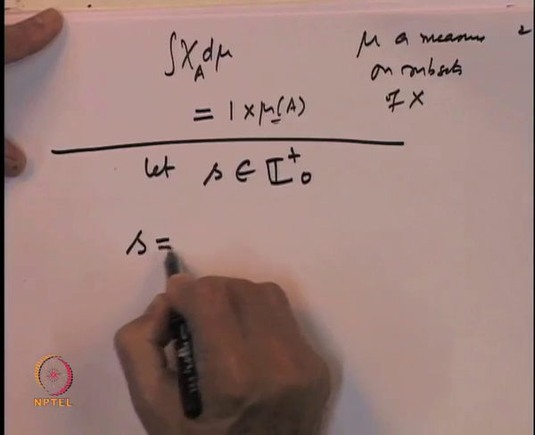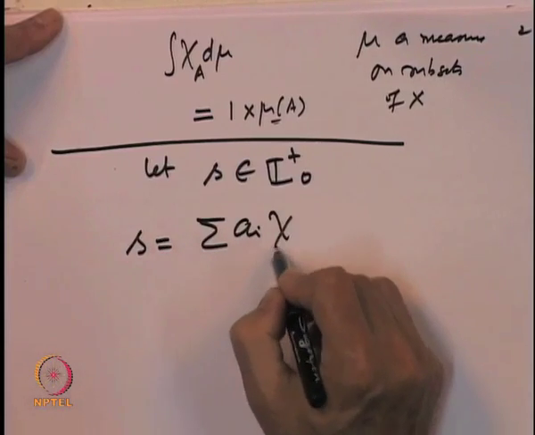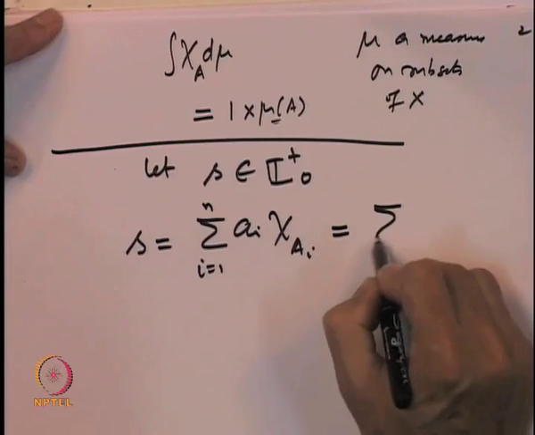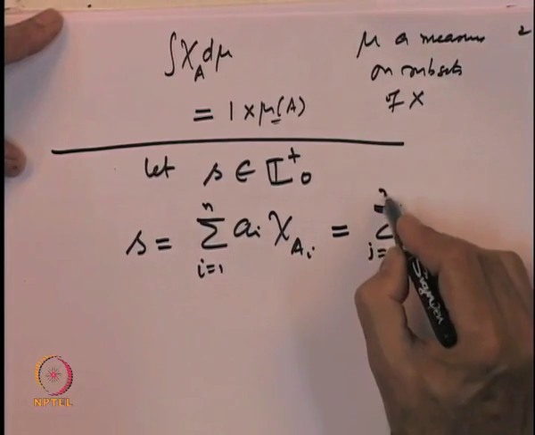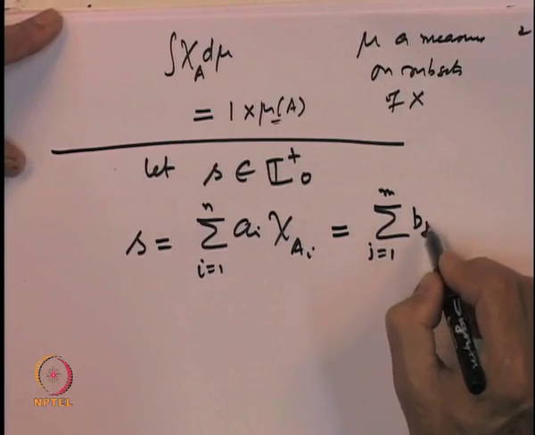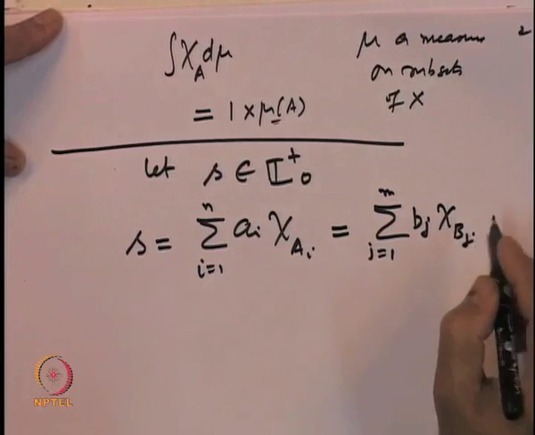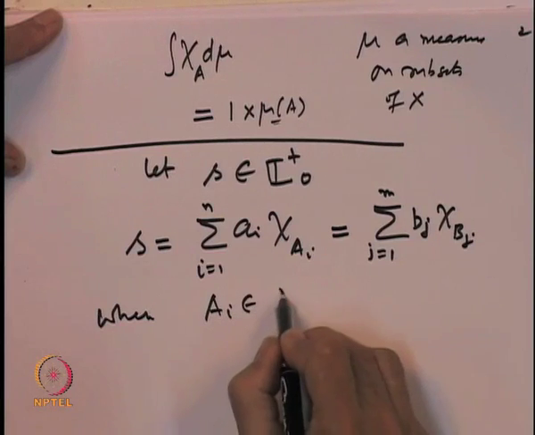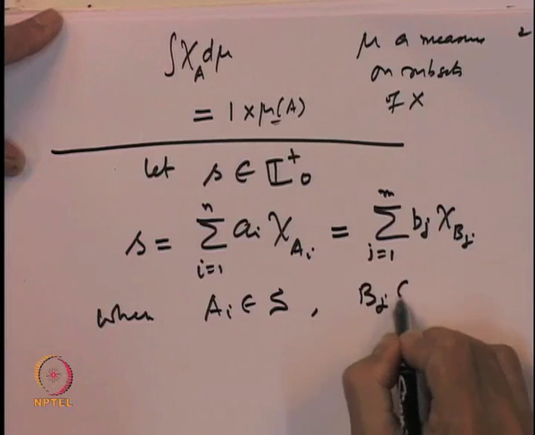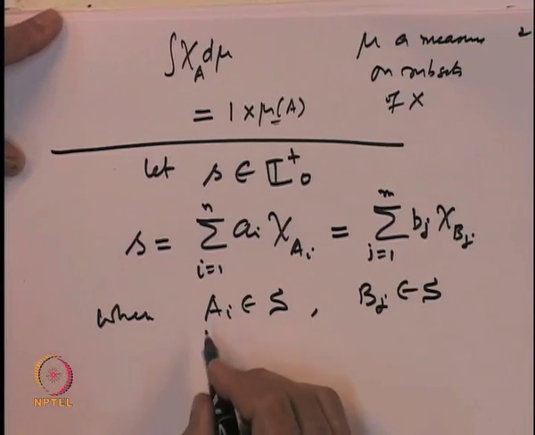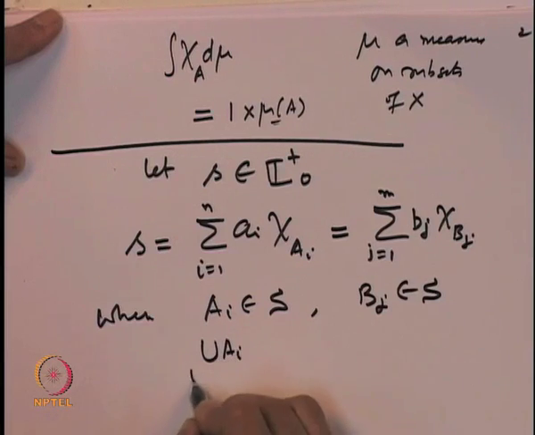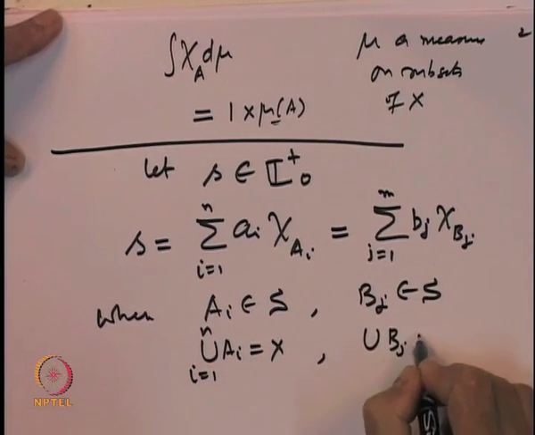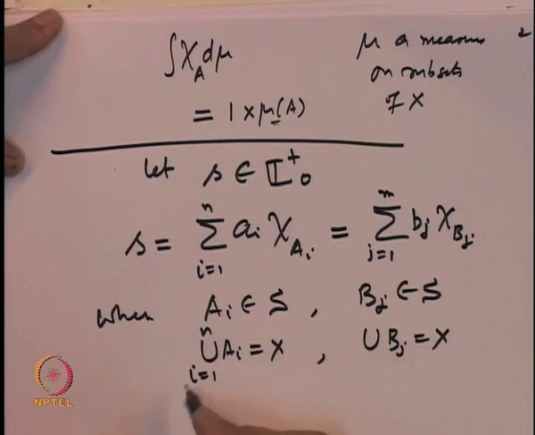Let us say S is written as the sum of a_i times the indicator function of A_i, i equal to 1 to n, also representable as the sum over j equal to 1 to m of b_j times the indicator function of B_j, where the sets A_i's belong to the sigma algebra S, B_j's belong to the sigma algebra S, and the union of A_i's is equal to X, and the union of B_j's is also equal to X, and these sets are disjoint.